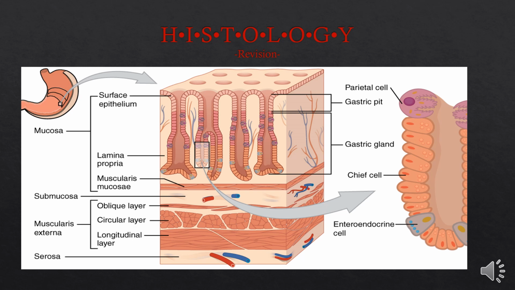Wait, what? Okay, let's rewind. So the stomach has a fundus, and the fundus has gastric glands. These gastric glands are located within the mucosal layer extending from the surface epithelial layer through the lamina propria, where they have coiled ends.